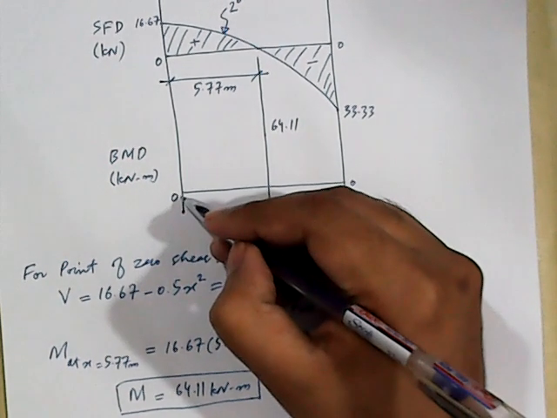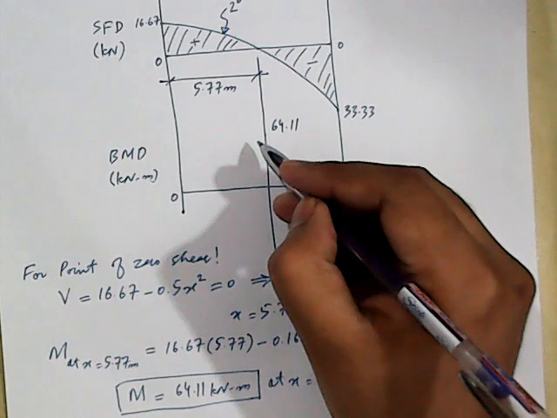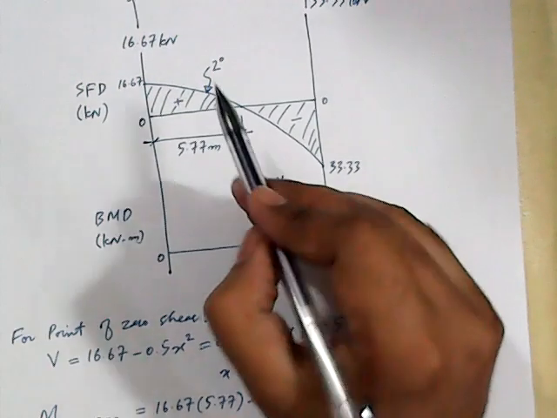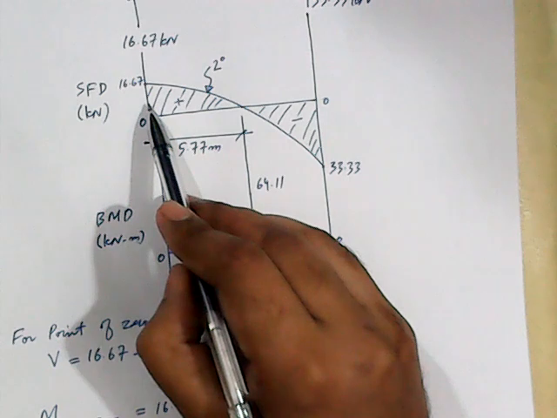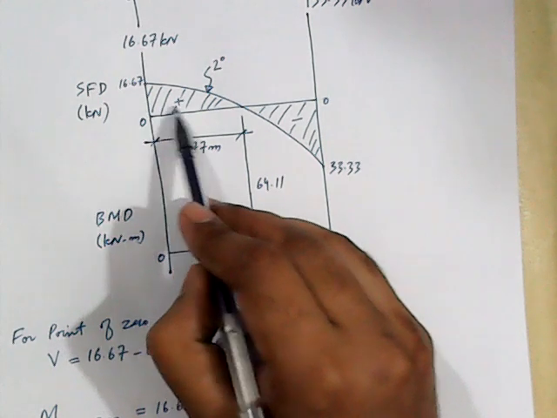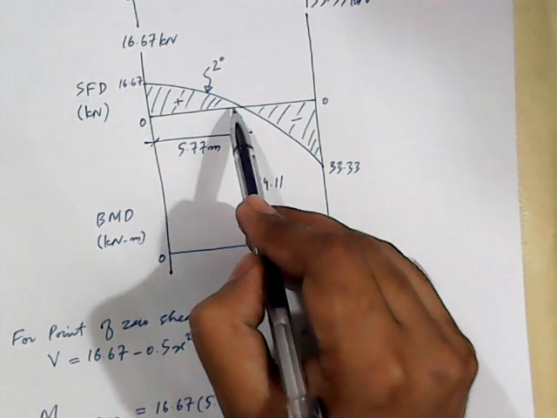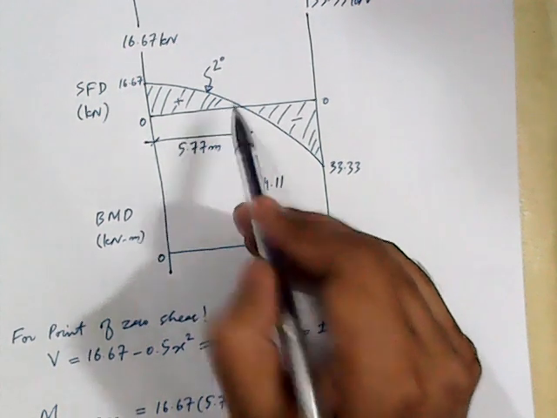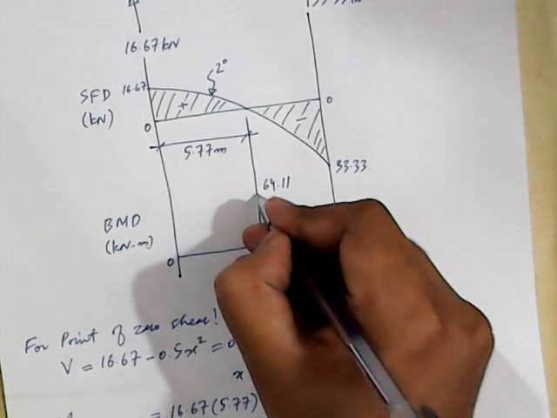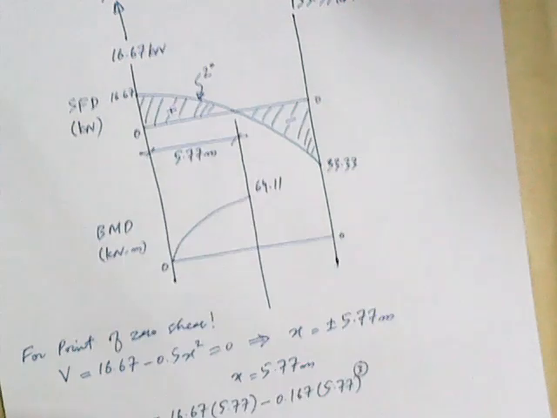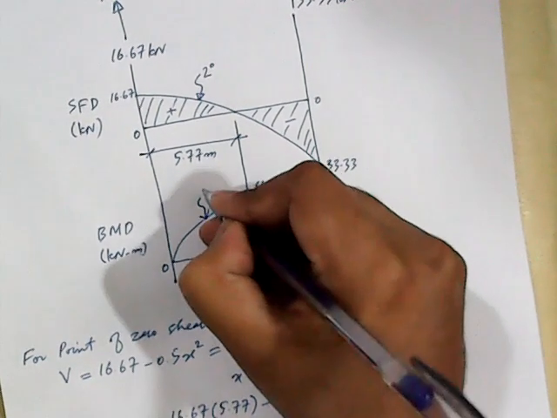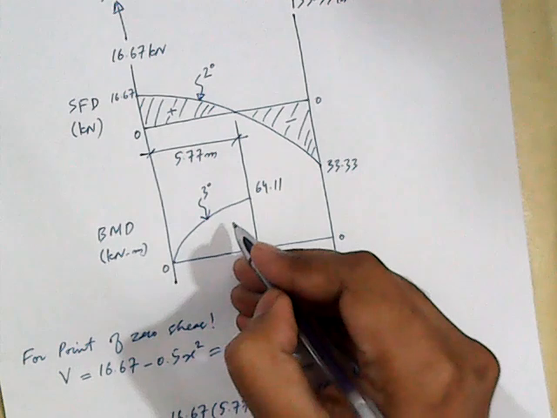Whether that third degree line should be convex up or concave up comes from the magnitude of the shear force diagram. As the magnitude of the shear force diagram is decreasing in this direction, the slope of the bending moment diagram should also be decreasing. We have a third degree line whose slope is decreasing.